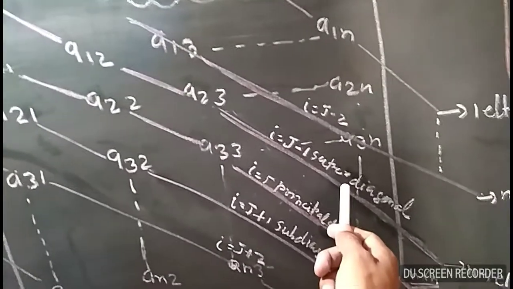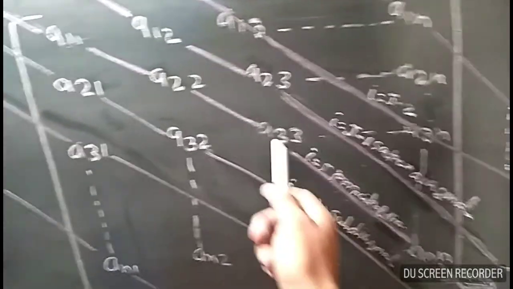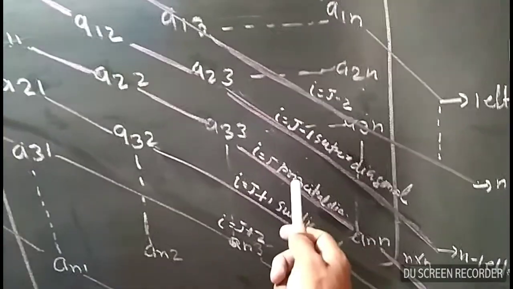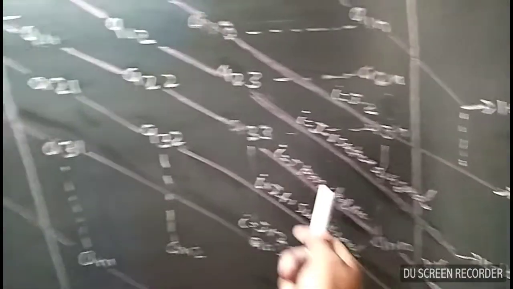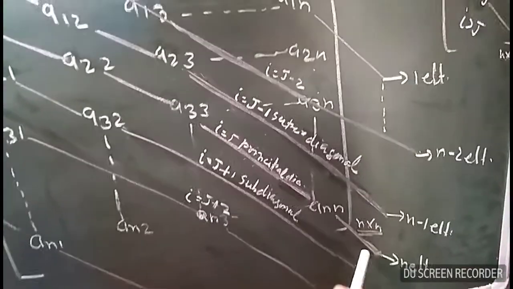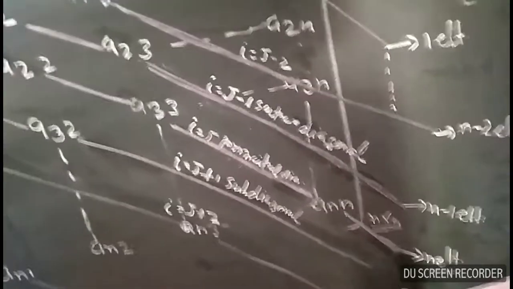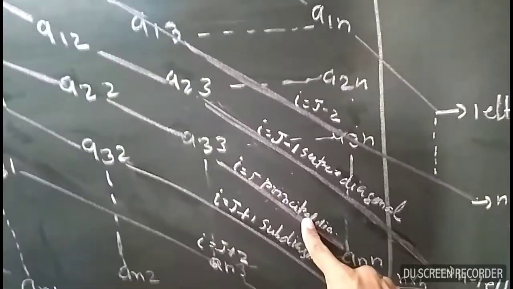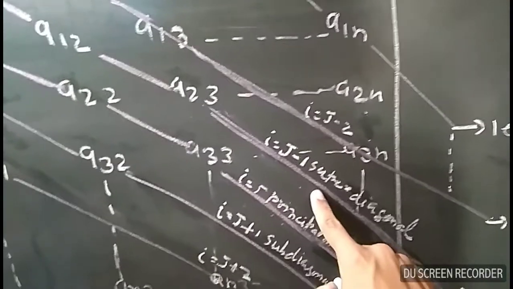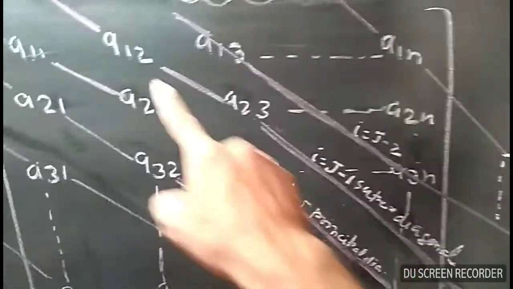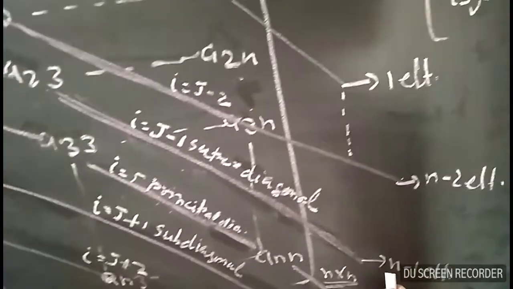And we know previously that the principal diagonal of a square matrix of order n cross n has n elements. Then if we come above the principal diagonal, the number of elements in the diagonal is less by 1, that is in the super diagonal we get n minus 1 elements.